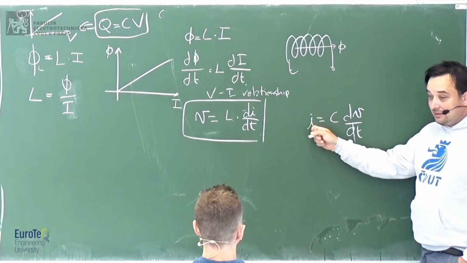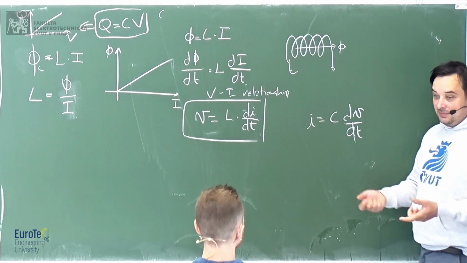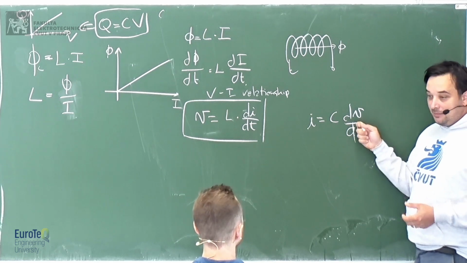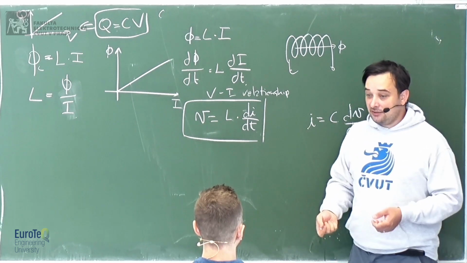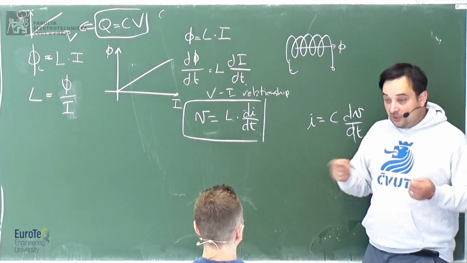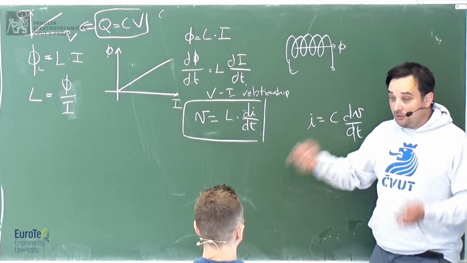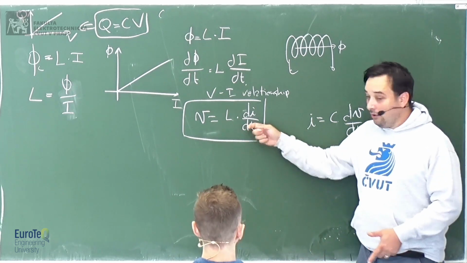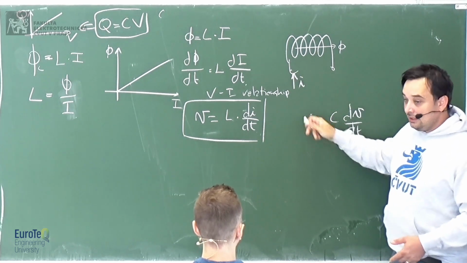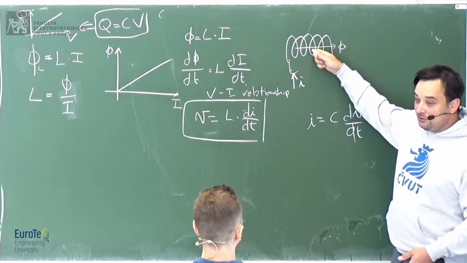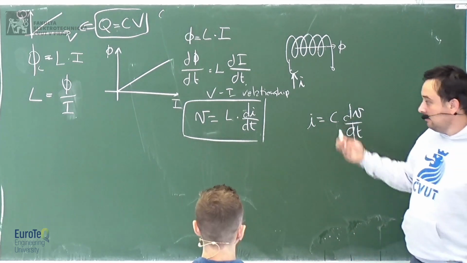We said if we get some current, it's only because we take out or put in some charge, and if you put or remove some charge, the capacitor voltage changes. Here, the physical principle on an inductor is: when do you get a voltage? When the flux changes. And when does the flux change in an inductor? When you change the current. Only if you change the current, you inject or remove, then the magnetic field changes, the flux changes, and that's the only moment when you get voltage.